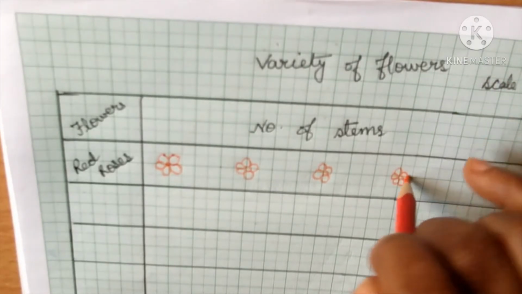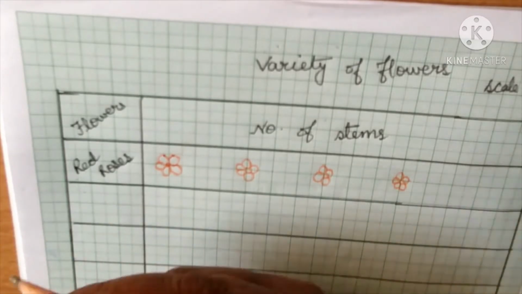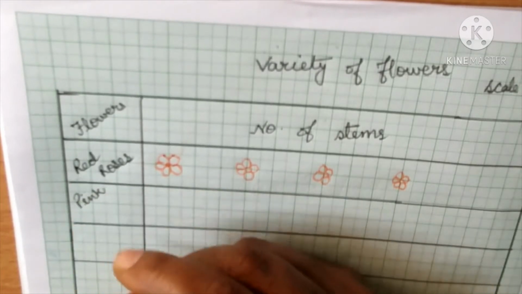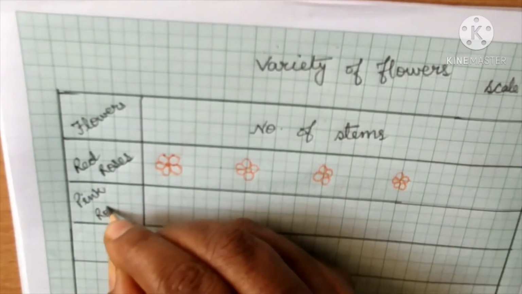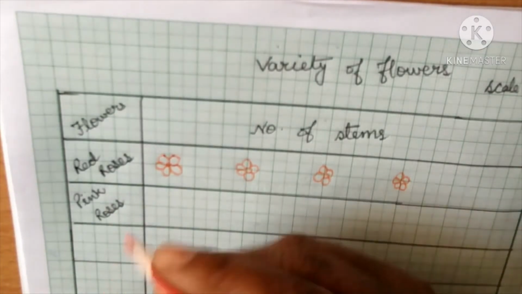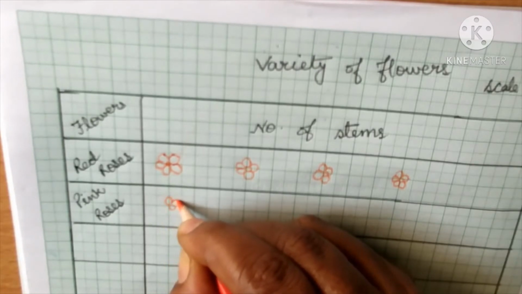The next flower is pink roses. So here we will write down pink roses. We have to draw 6. So the first one will be just below the above one.